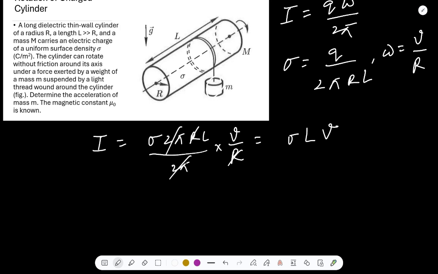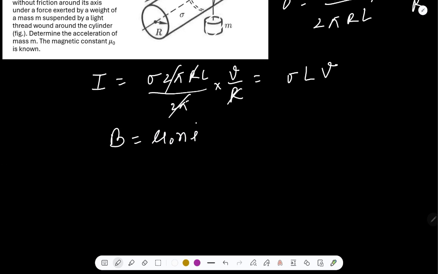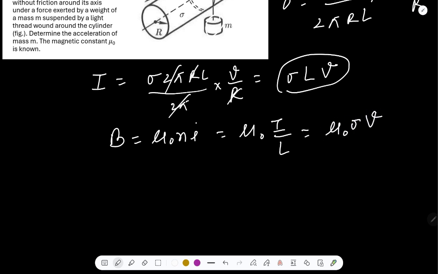And this magnetic field inside the cylinder is that of a long solenoid. And we know inside the long solenoid, the magnetic field is given by mu naught n i. n i is total current per unit length of the cylinder. And so n i here can be written as I upon L, L is the length of the cylinder. And putting the value of I from here, you can get B is equal to mu naught sigma v. L gets cancelled out.